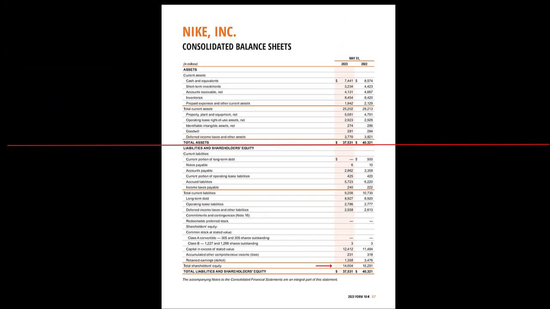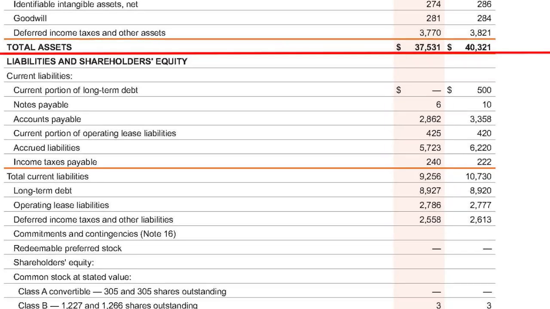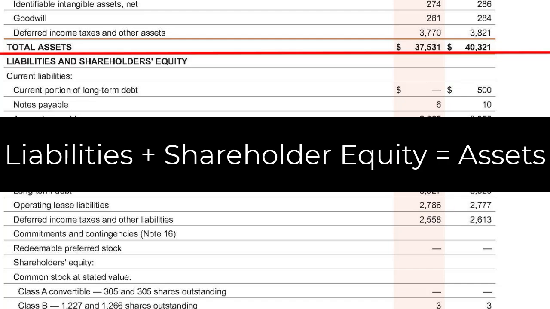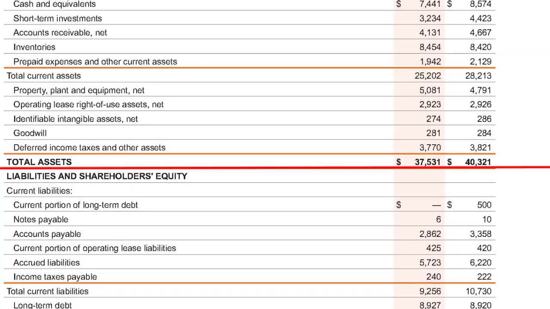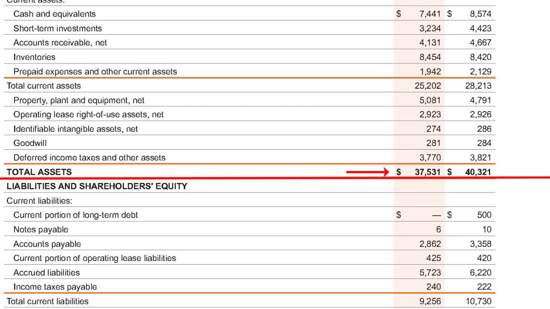We can calculate total liabilities in two ways. One way is to add up all the individual liability items, but we have an easier way. We know that liabilities plus shareholder equity must equal assets. So if we subtract shareholder equity from assets, we will have liabilities. Total assets are $37,531.